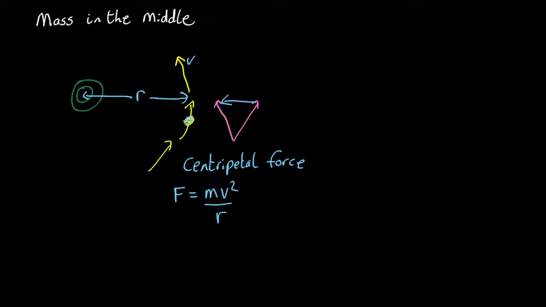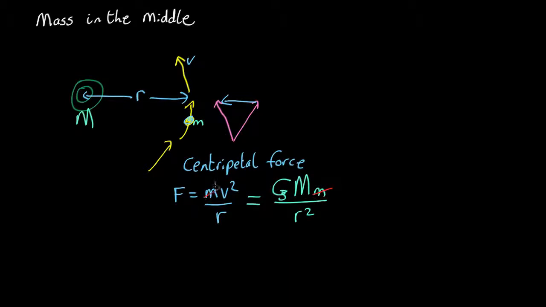So let's consider a situation when something is observed to be moving in a circle around a mass. So we know that this is the force, and we know that it is supplied by gravity. So this must equal GMm over r squared, where big M is the mass of this thing here, small m is the mass of that one.